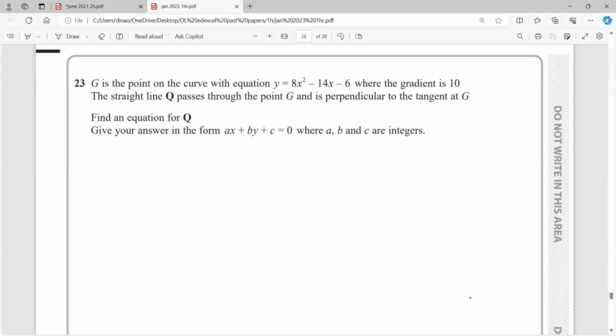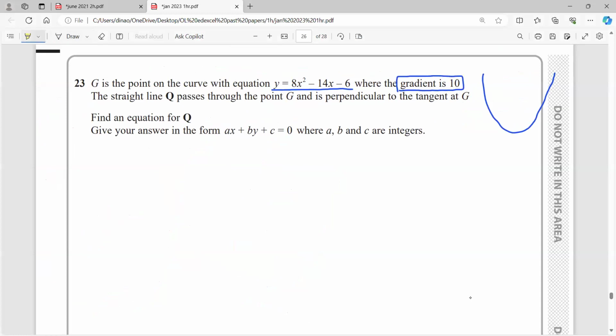تمام. بيقول لي هنا ايه؟ G is a point on a curve with the equation كذا. طبعا هنا as you can see this is a quadratic equation and this quadratic equation is a U-shape open up and this is discussed so many times before because the x power 2 is positive. تمام. طيب where the gradient is 10.